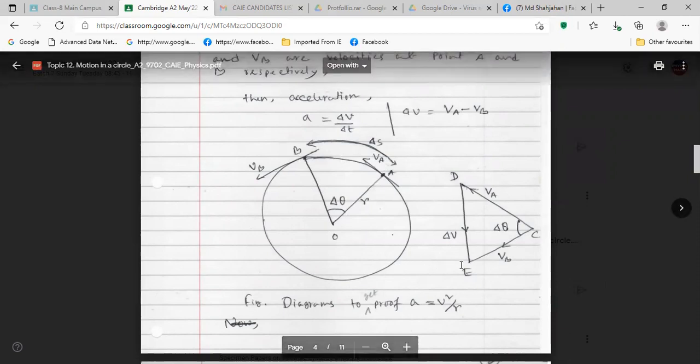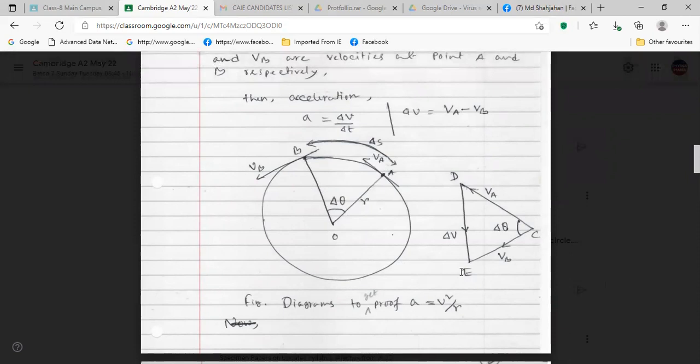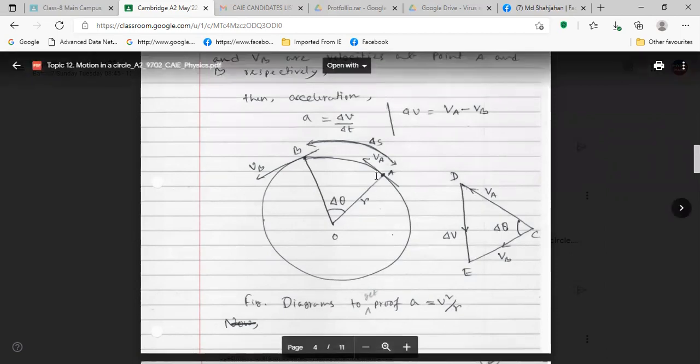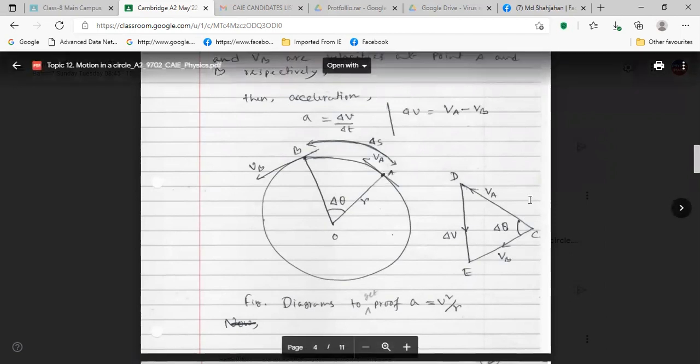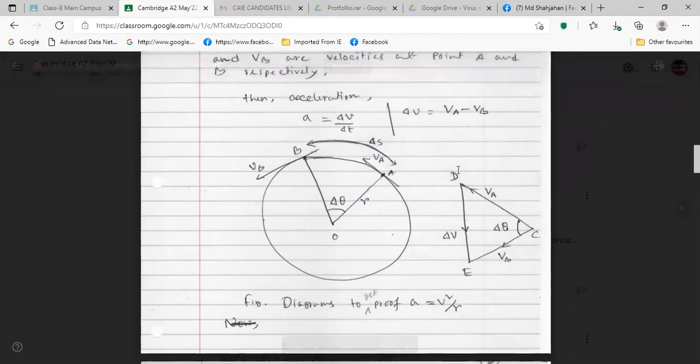Now, how did we get this triangle, CDE or DCE, whatever you call it? We got it this way. From position A, we have a vector VA along the tangent, and we are just replacing this vector here with VA.